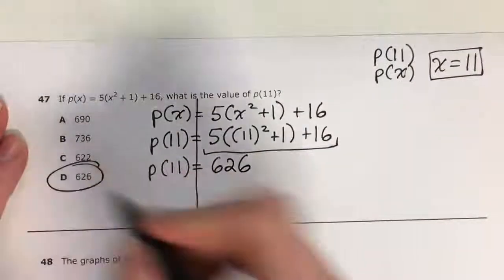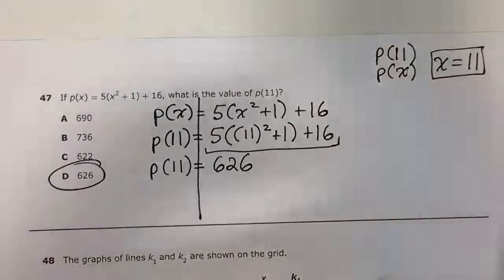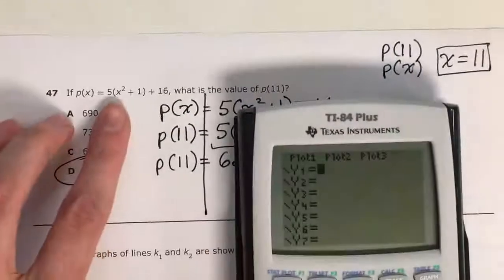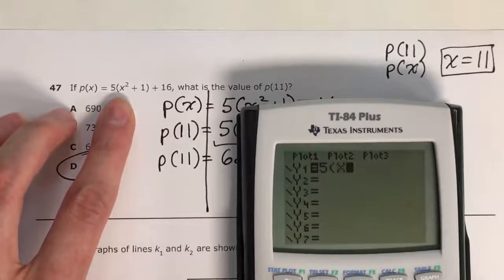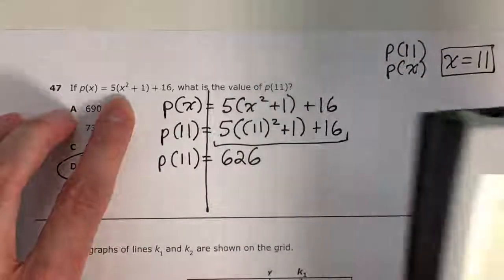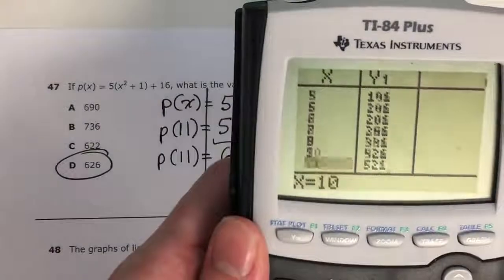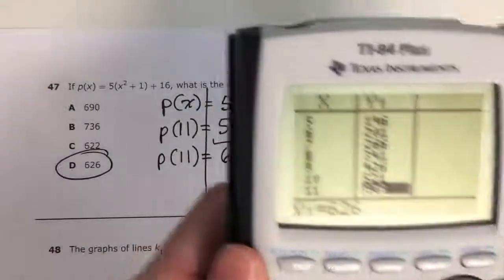So my answer is D, 626. How do you check it? Put y equals, clear. Put 5 parenthesis x squared plus 1 parenthesis plus 16. Go to the table, second graph. Go to 11. And the answer is 626.